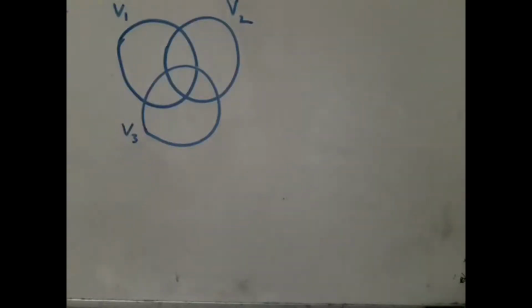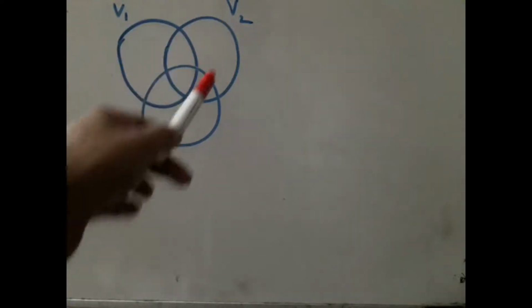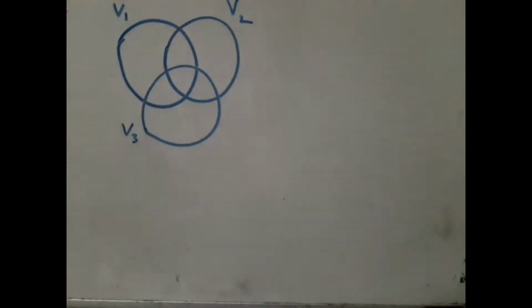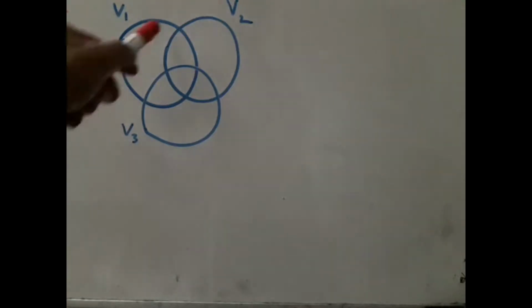Now we are going to understand how the Gram-Schmidt orthogonalization process works. It will help if we consider an analogy first. Suppose we have three sets, V1, V2, V3 with some overlaps. Now we want to cover the same ground as V1, V2, V3, that is, we want to have the same union. However, we do not want these overlaps.